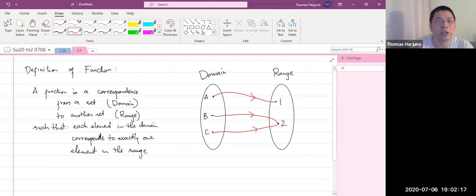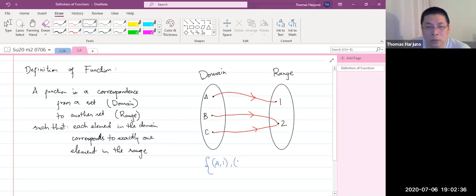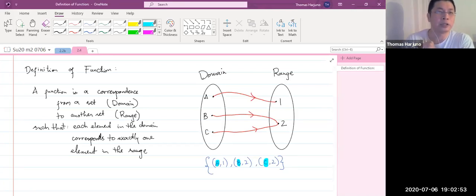If we use coordinates to express that, each coordinate consists of two components. The first component is where it comes from in the domain. A goes to 1, so the coordinate is A, 1. B goes to 2, B, 2, and C, 2. You see, for every first component A, B, C, it goes to exactly one element in the range. Now this is a function.